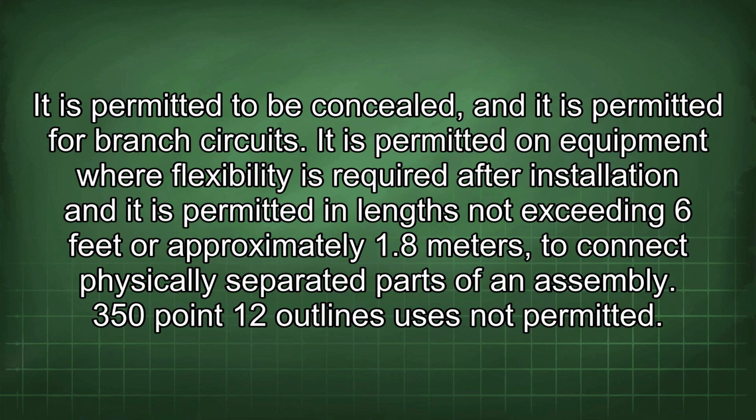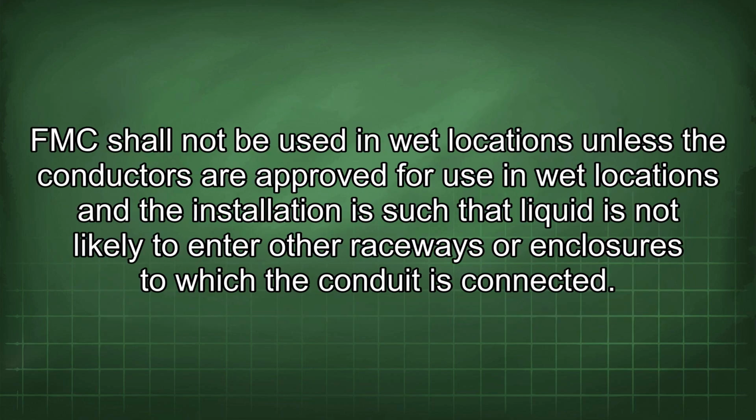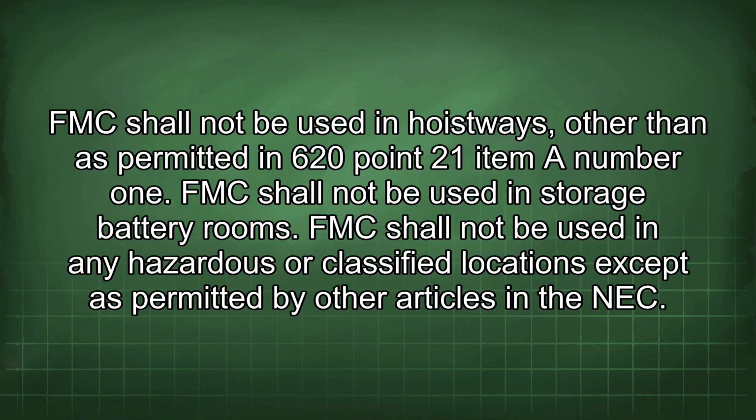350.12 outlines uses not permitted. FMC shall not be used in wet locations unless the conductors are approved for use in wet locations and the installation is such that liquid is not likely to enter other raceways or enclosures to which the conduit is connected. FMC shall not be used in hoistways other than as permitted in 620.21 item number 1. FMC shall not be used in storage battery rooms.